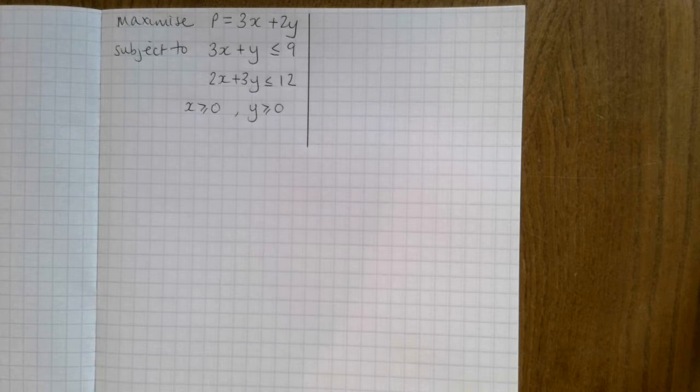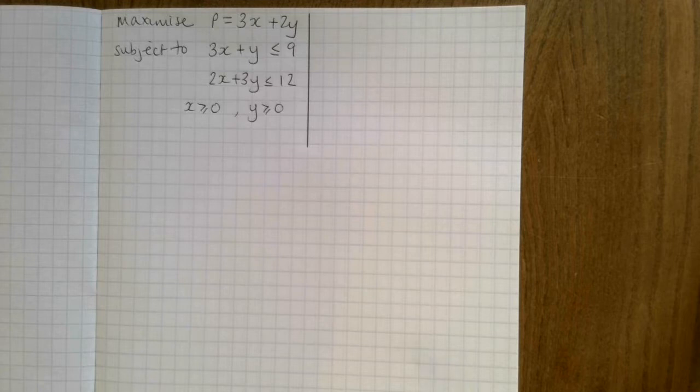I'll explain what a slack variable is first. It might be that when you maximize the function, when you solve the problem, there's a bit of leftover.